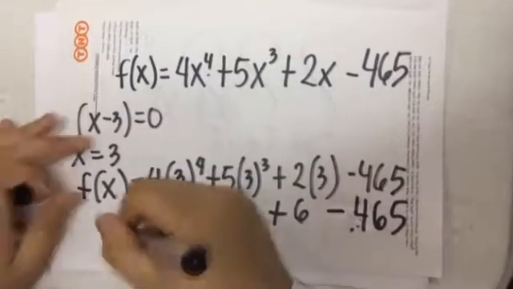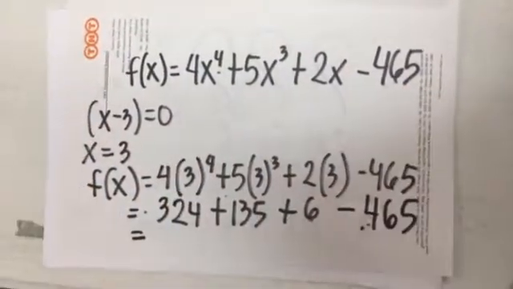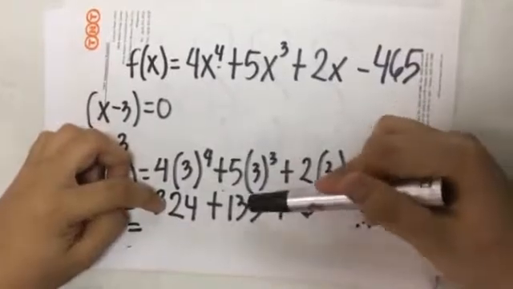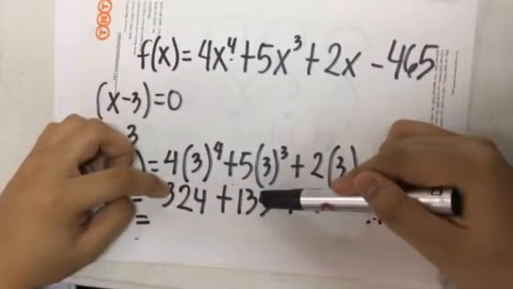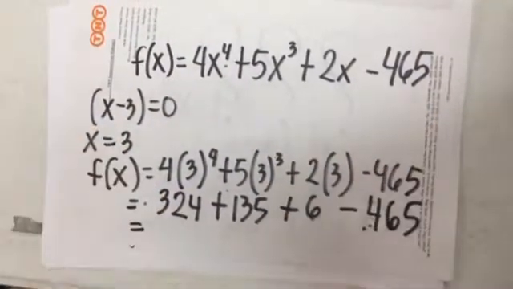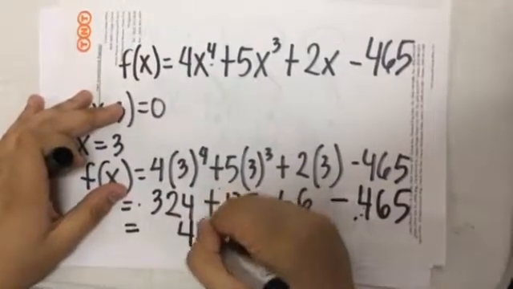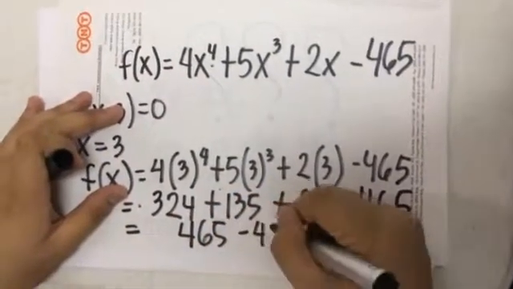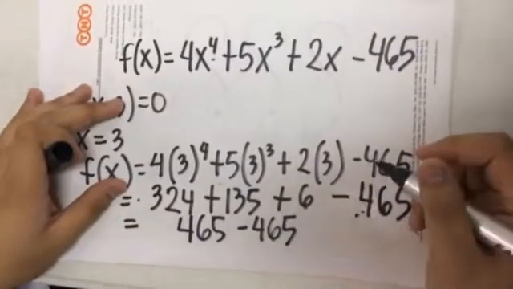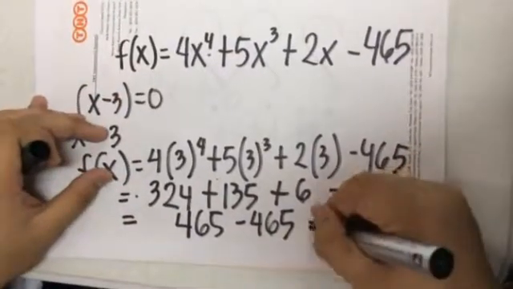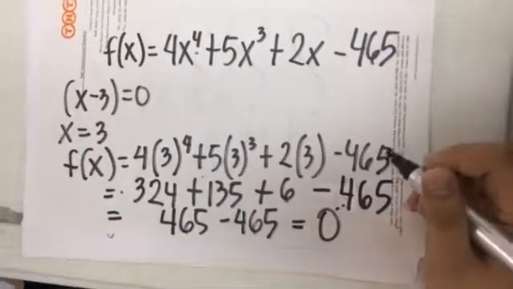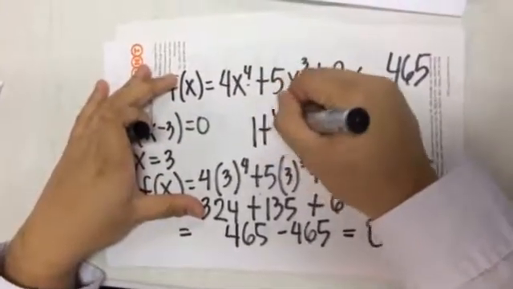Lastly, we have 2 times 3, which is equal to 6. Now, copy negative 465. Add 324, 135, and 6. Then subtract 465. 465 minus 465 is equal to 0. So the answer is 0.